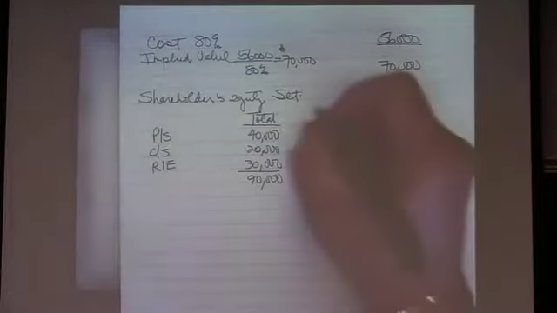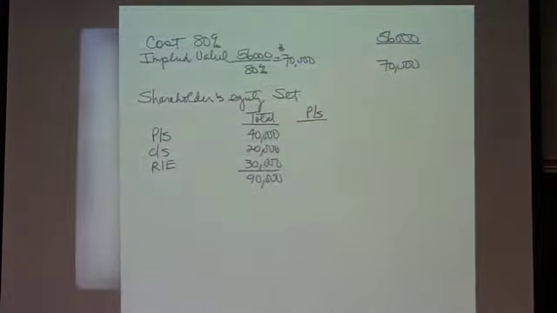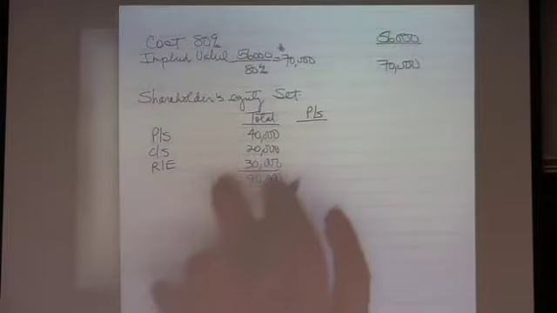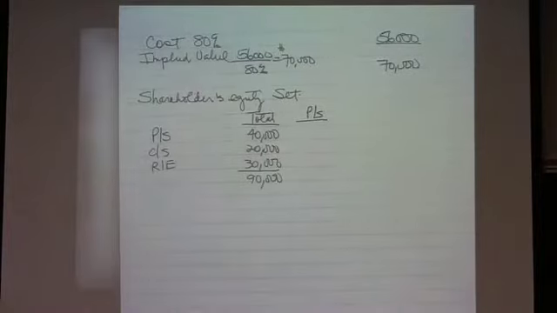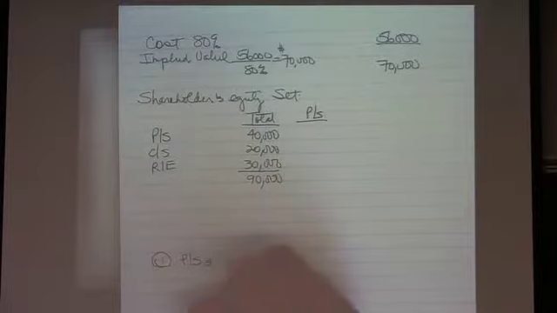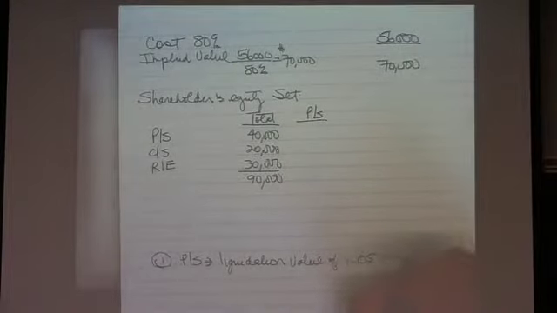Now, first we need to figure out how much of the shareholders' equity is attributable to preferred shares. So let me just write this down. Number 1, preferred shares have a liquidation value of 1.05 times 40.